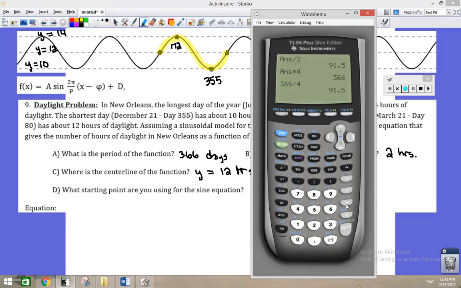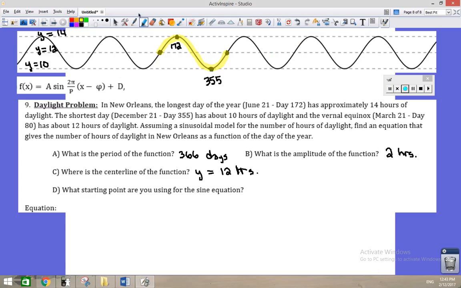If I take 172 minus that spacing, 80.5. So if I use as a starting point the middle of the 80th day, does that make sense?